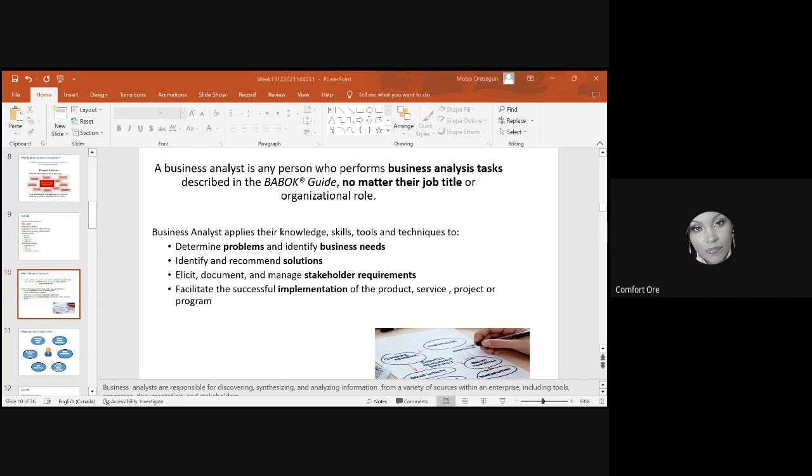Management consultants, or sorry, enterprise analyst is almost the same as the architectural business analyst. Process analyst, we're talking about process change: what you need to improve, or what you need to automate.